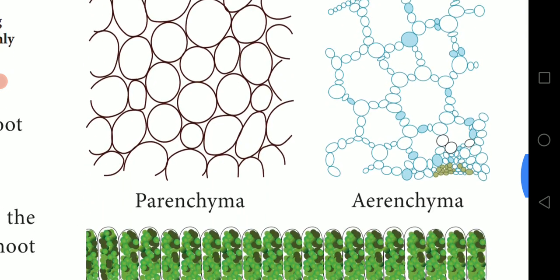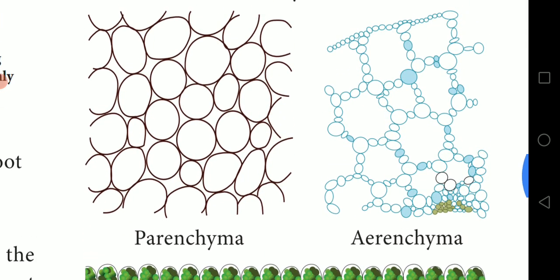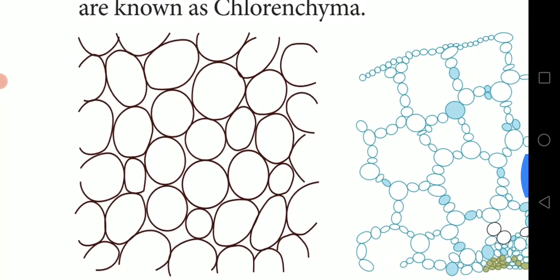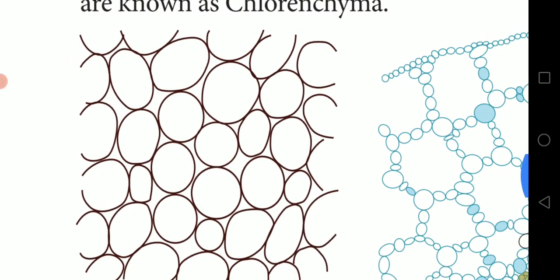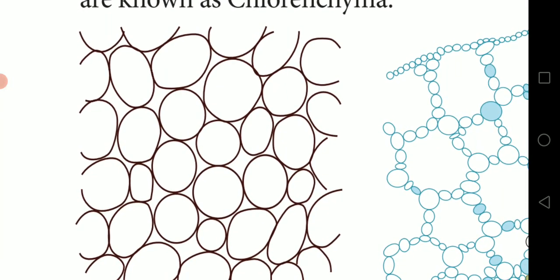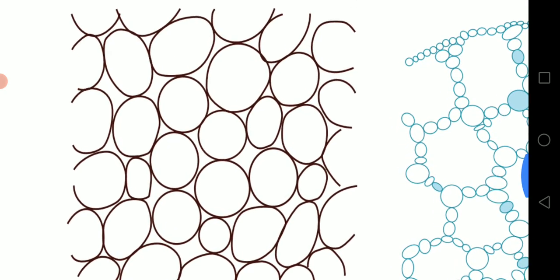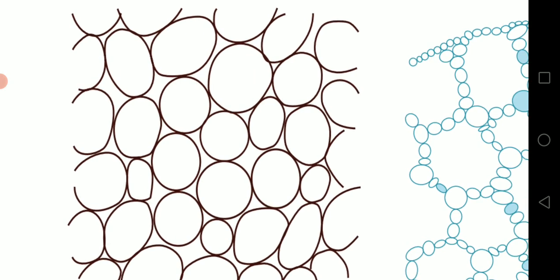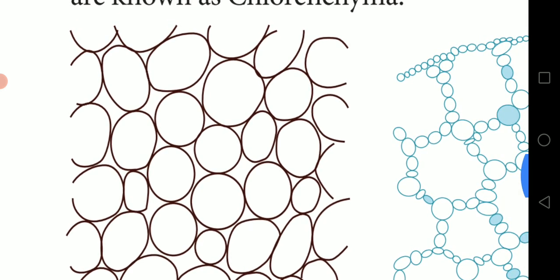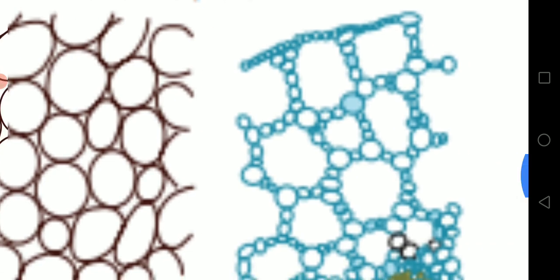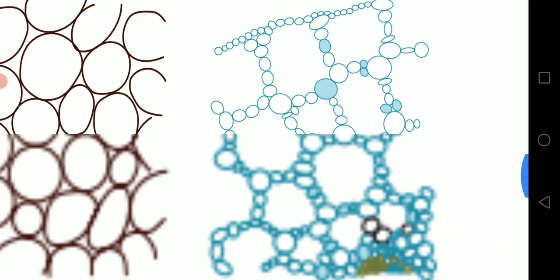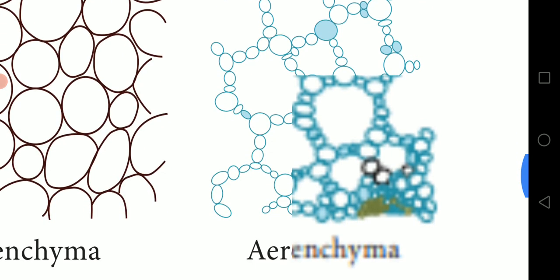This is what we call parenchyma. In aquatic plants, the parenchyma possesses intercellular air space and is named aerenchyma.